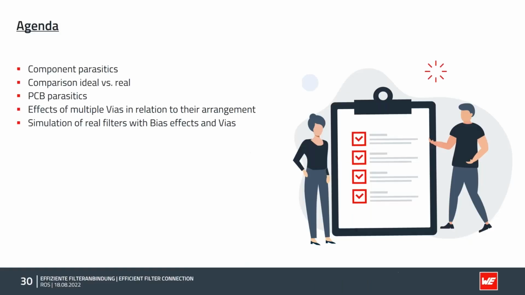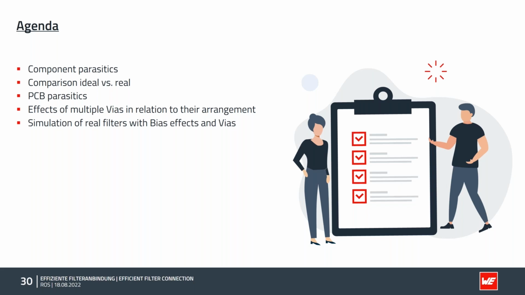And today I will show you some things about filters on PCBs, how they work and how they interoperate with the component parasitics. I will show you the ideal and the real world of the components in simulation, for example.